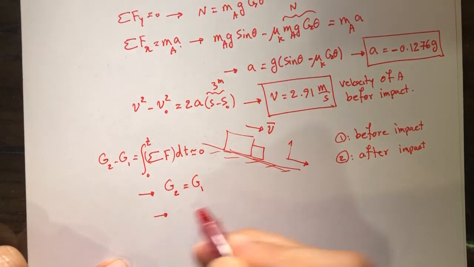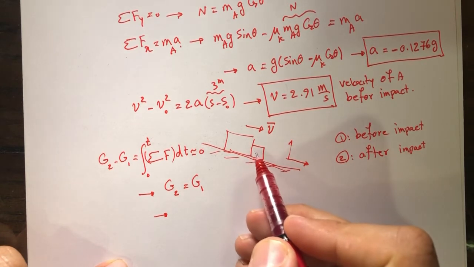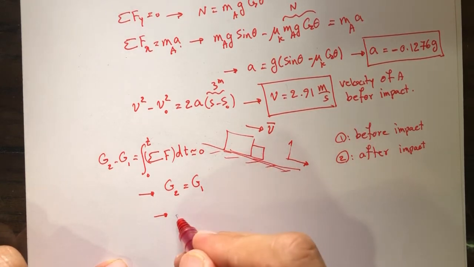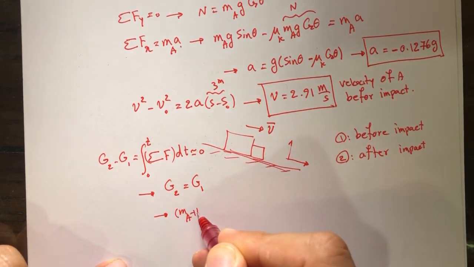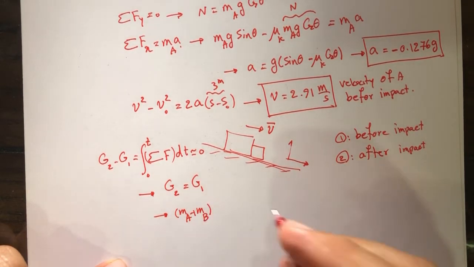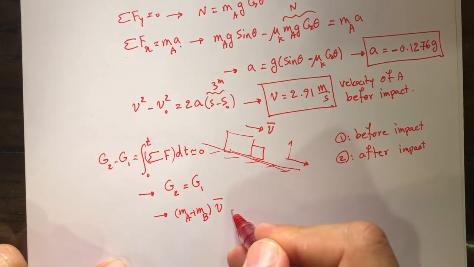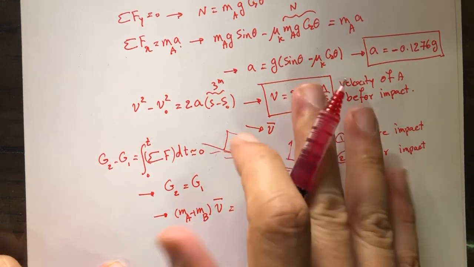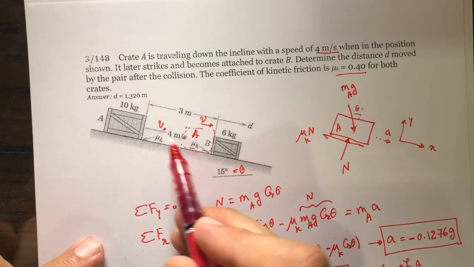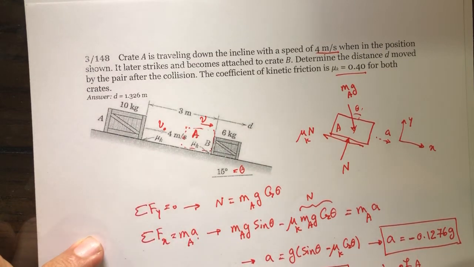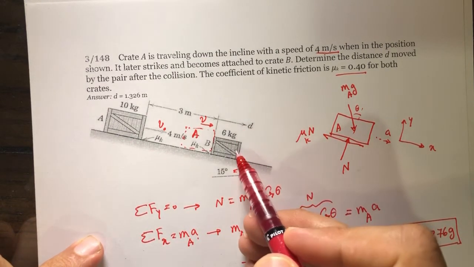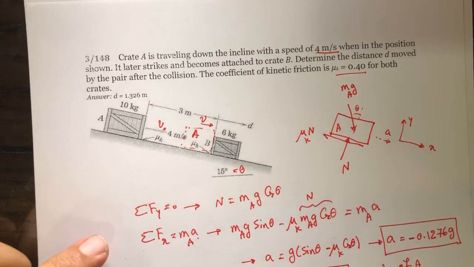So what is G2? The linear momentum of the system after impact is going to be the mass of both of these boxes times their velocity, which is v bar. And before impact, we know the velocity of A is 2.91 and the velocity of box B is 0.